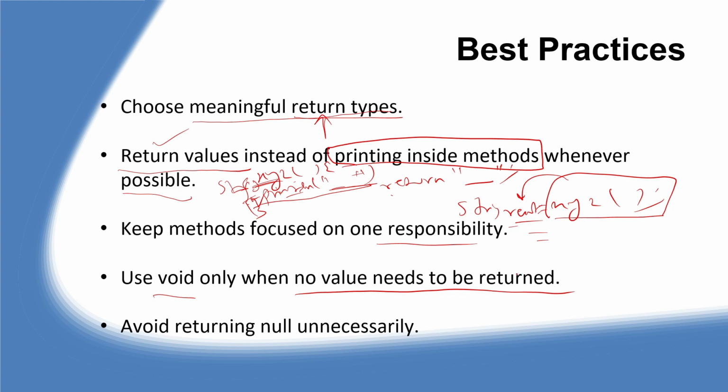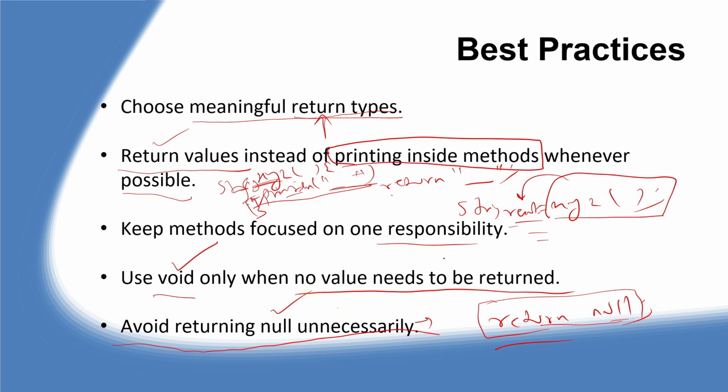If we are not returning any values, then we should use the void data type. Avoid returning null unnecessarily. We'll see in a later video places where we use return null in methods. We should not do this; we should use appropriate values and not use returning null statements.